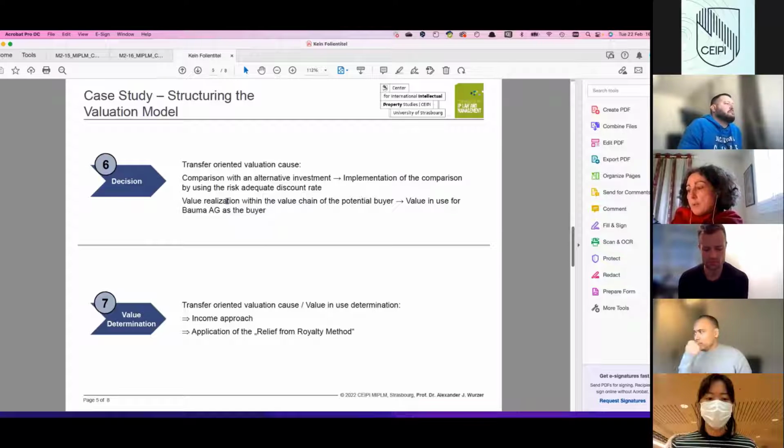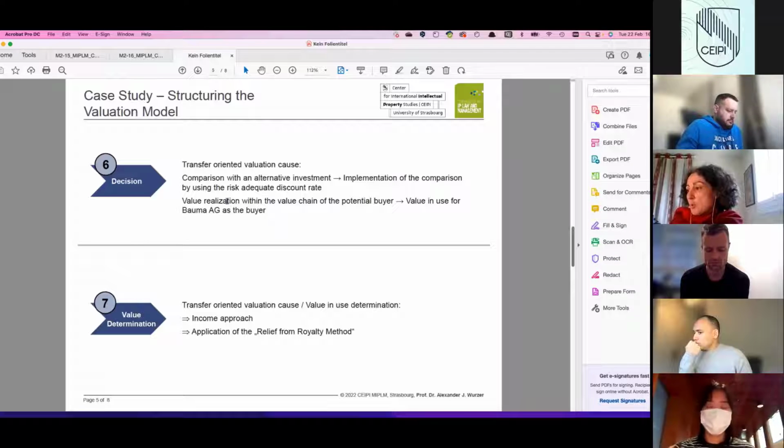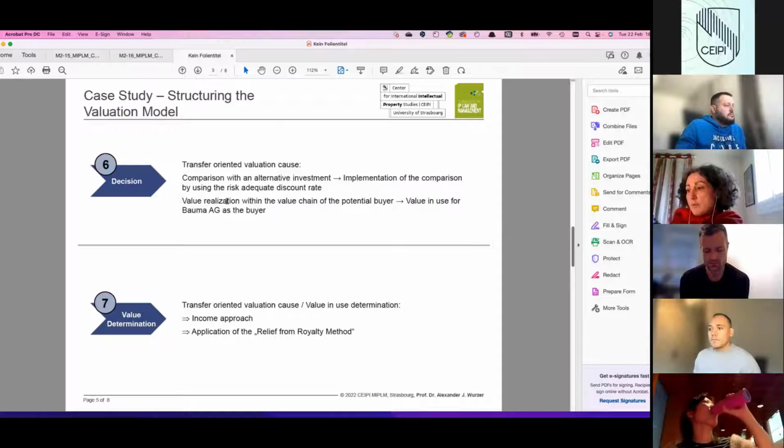Then the second point is we are in a transfer-oriented valuation context, so we have to choose if we have a value concept named value in use, or if we choose the transfer value one. Here in this use case, we are in the Baume point of view as a buyer. So the concept we can use is the value in use one. Now let's move to the next step.